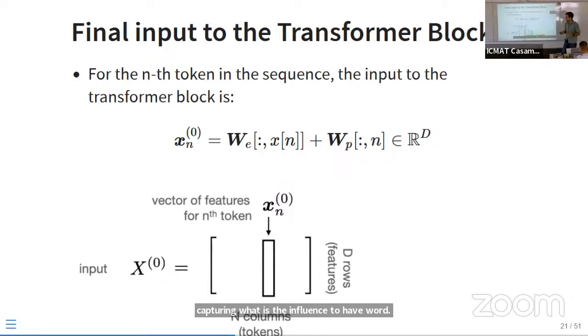And this is going to be the initial representation of a sequence for the transformer. So a sequence is going to be represented as a matrix of D rows and N columns. D, the inner dimension of the tokens, and N, the length of the sequence.